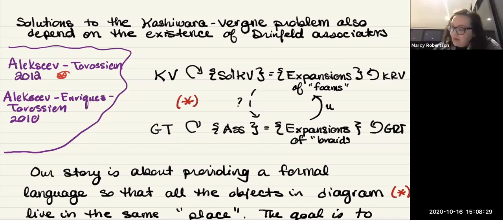So I have surfaces embedded in R4. And solutions to the Kashiwara-Vergne equation correspond to expansions of this four-dimensional topology. And there happens to be a map U, in the AET paper, that generates a solution to Kashiwara-Vergne from a Drinfeld associator.